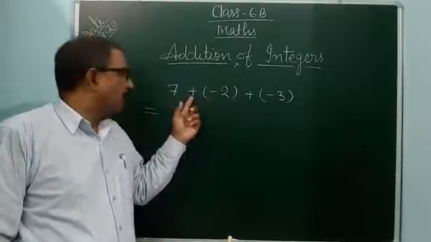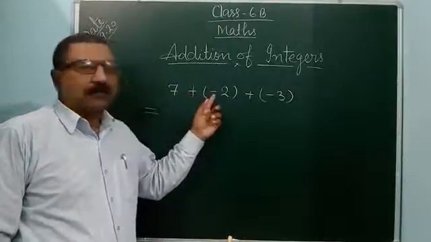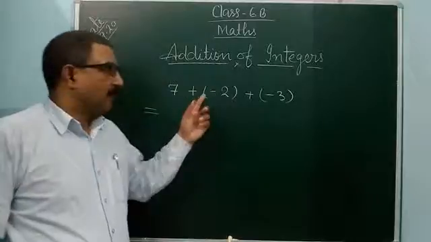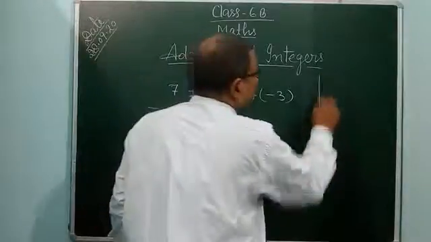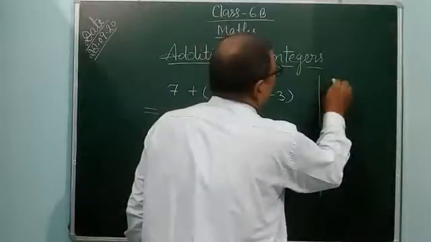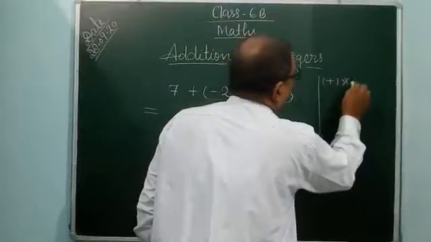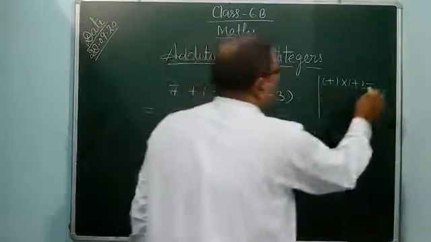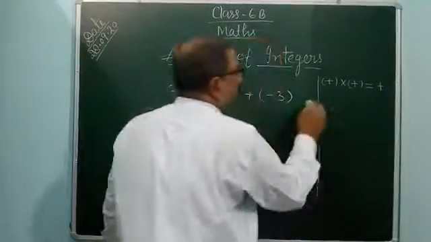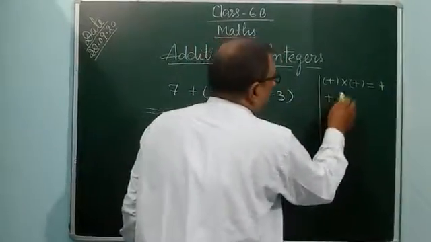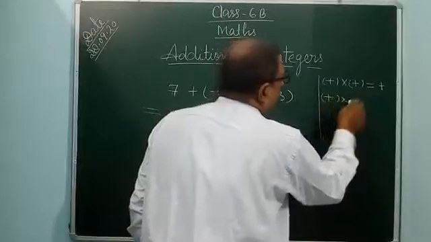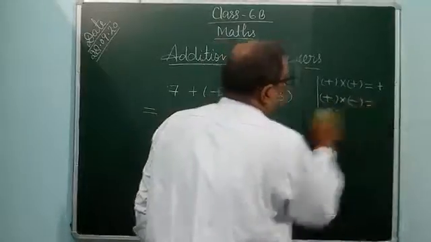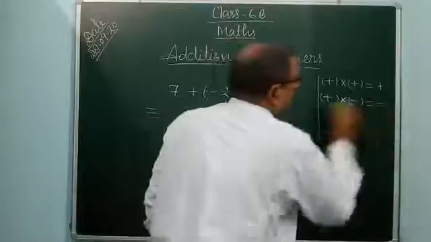How? The multiplication of plus and minus will always be minus. Here you can see, if you multiply plus by plus, the result is always plus. If you multiply plus with minus, the result will be minus.